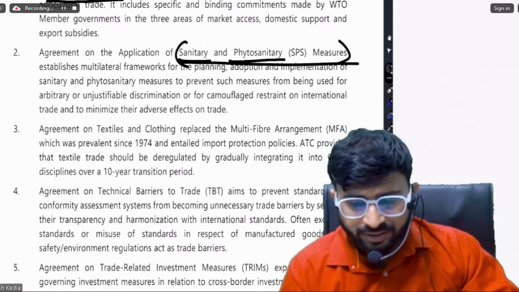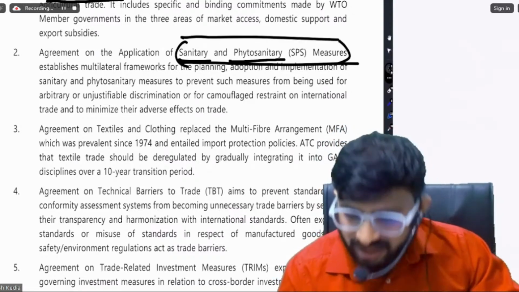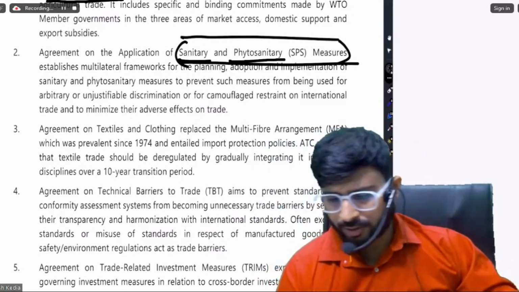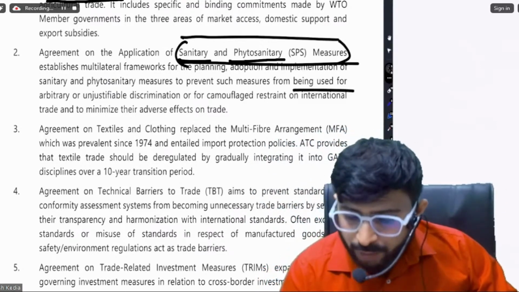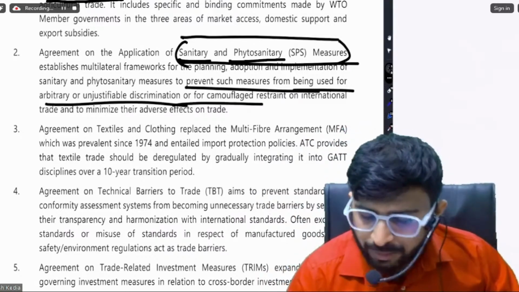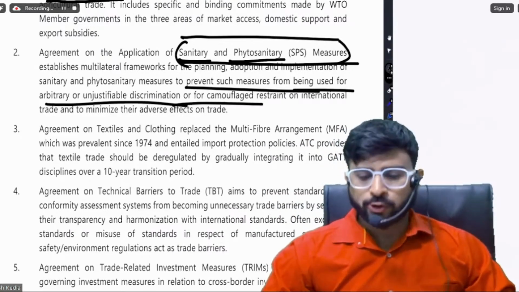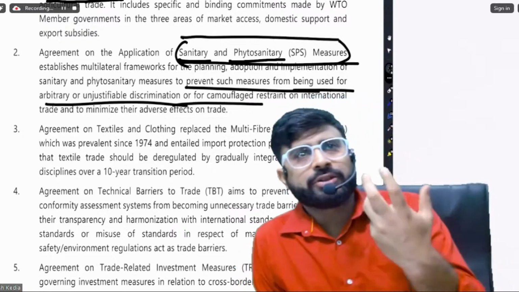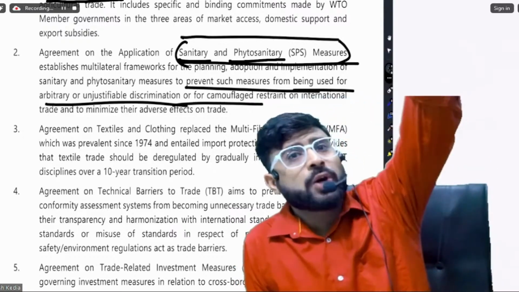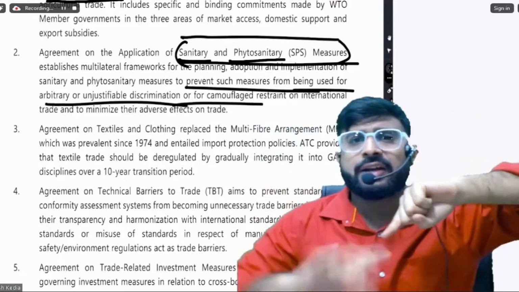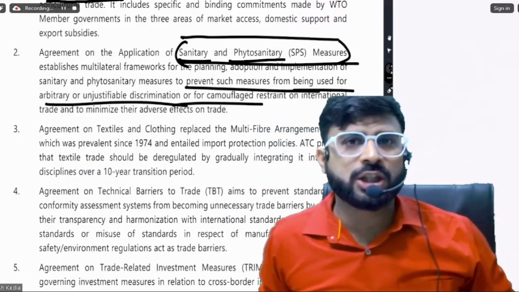So what it says is that such measures should not be used for unjustifiable discrimination. So the Indian government should not say that, okay, this product coming from USA can have bacteria and virus, and therefore we will allow only domestic products.